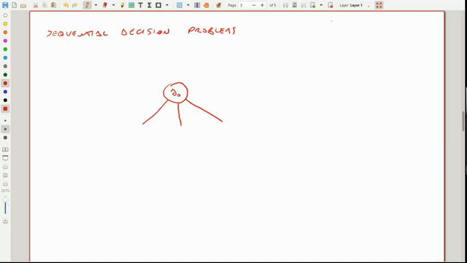If I do this action, I can call it A1, or I can do this action, let's call it A2, or I can do this action, let's call it A3. And whenever I choose an action, I will go into a new state. So the decision problem is deciding what is the best action between A1, A2, A3.